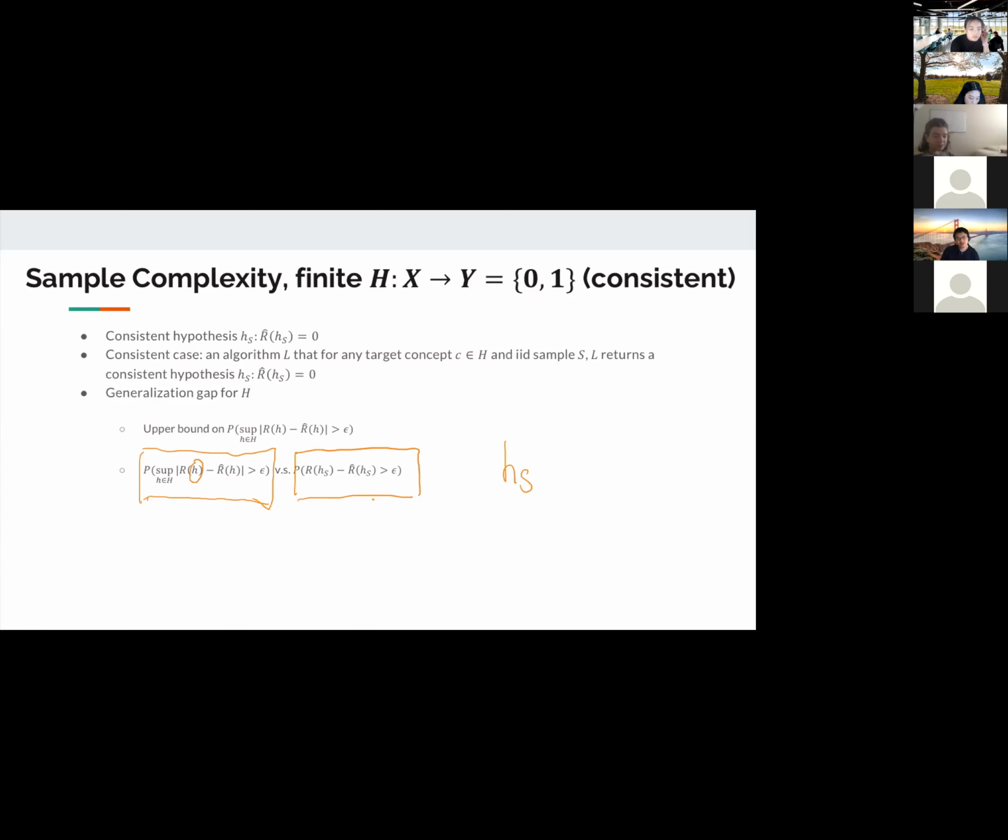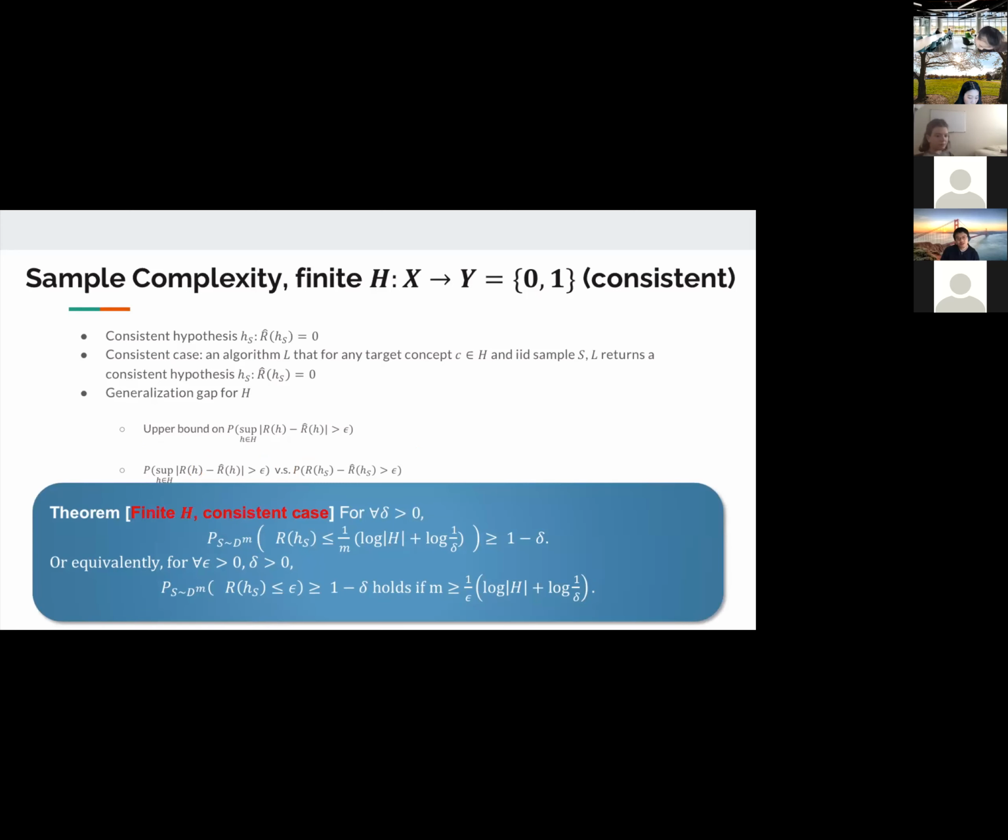All right, so now if there are no further questions, I'll move on to the theorem here. The theorem is a very powerful theorem. It says that as long as you have finite H, so the cardinality of H is just a finite number, and you're in the consistent scenario, so this is the consistent case, then for any delta greater than 0, what is the RHS? It is the true error of the hypothesis you generate from a sample.